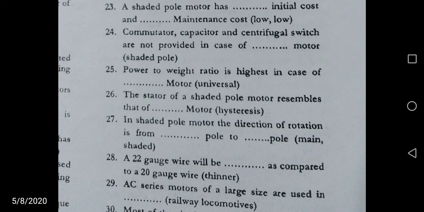In a shaded pole motor, the direction of rotation is from the main pole to the shaded pole, that means the unshaded region to the shaded region.